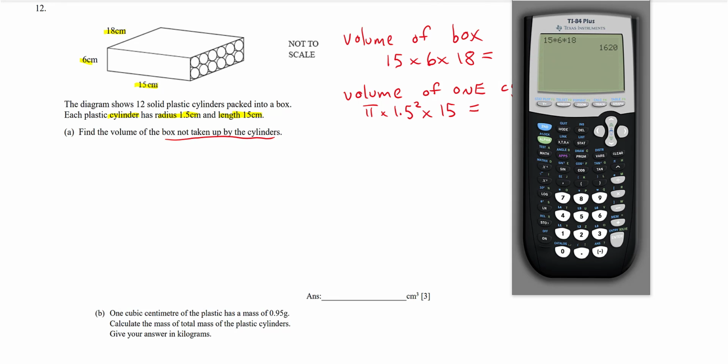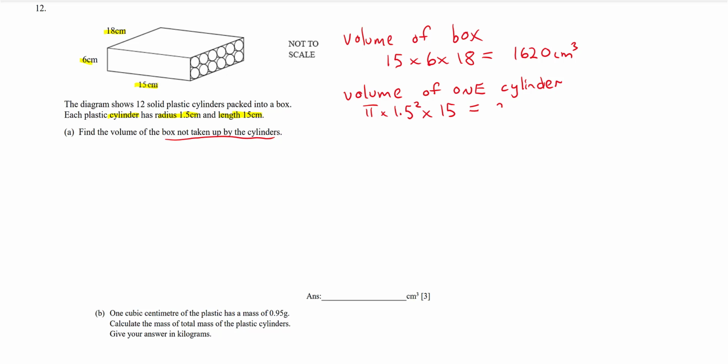So that's 1.5 squared times 15, which is equal to 33.75, and then we multiply that by pi. So I'll write it like this, 33.75 times pi. So that's the volume of one cylinder, and we want the volume of all 12 cylinders.